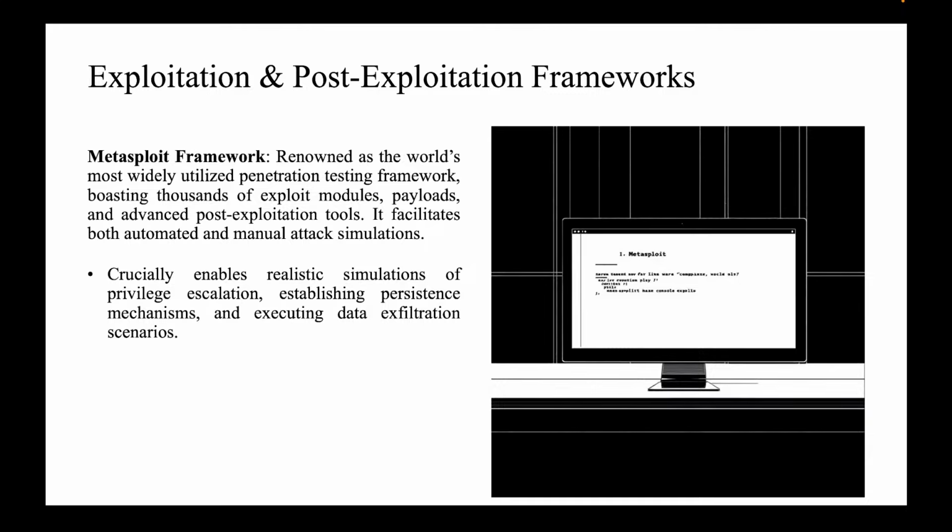What is it? For exploitation, mostly we are using the Metasploit framework. Inside Metasploit, we run msfconsole. Once we are running Metasploit, inside Metasploit itself, we can do an Nmap scan.